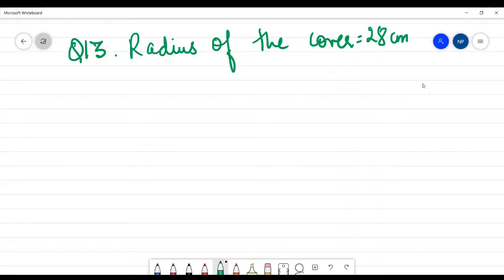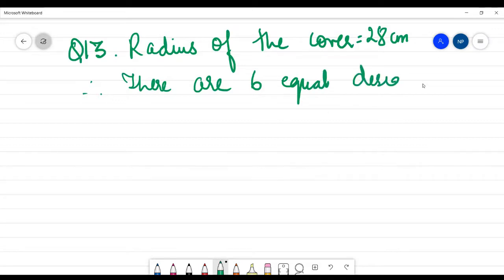The central angle we have to find out for this, and they are asking the cost of making the designs at the rate of 0.35 per centimeter square. So if there are 6 equal designs, what will be the angle at the center?